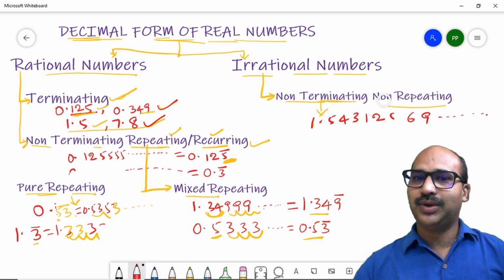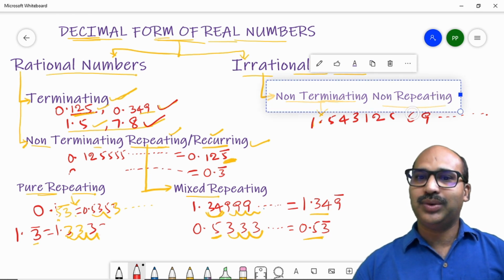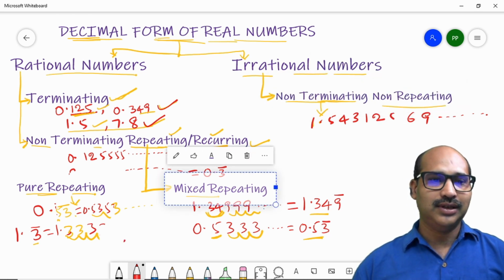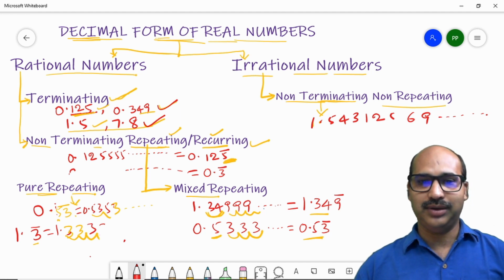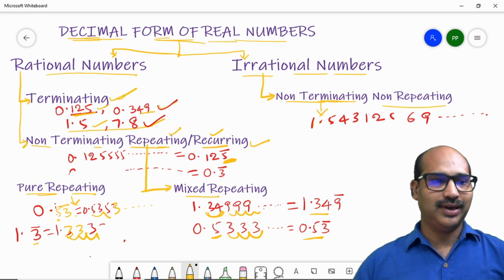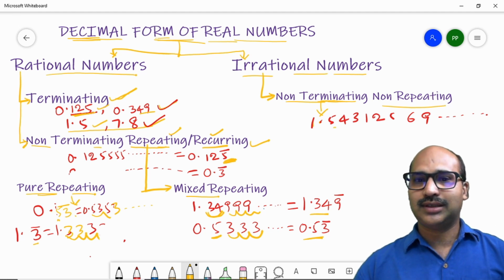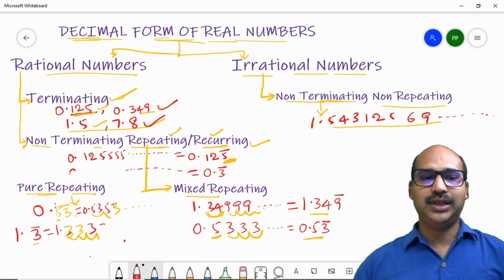This word non-repeating means we don't have any specific structure. Here 9 bar, 9 is continuously repeated. And here 3 bar, 3 is continuously repeated. Here 53 bar, and here also 3 bar. So here some digits after the decimal are continuously repeating. But in this kind of scenario, this is non-terminating and at the same time non-repeating, 5 4 3, some random order.